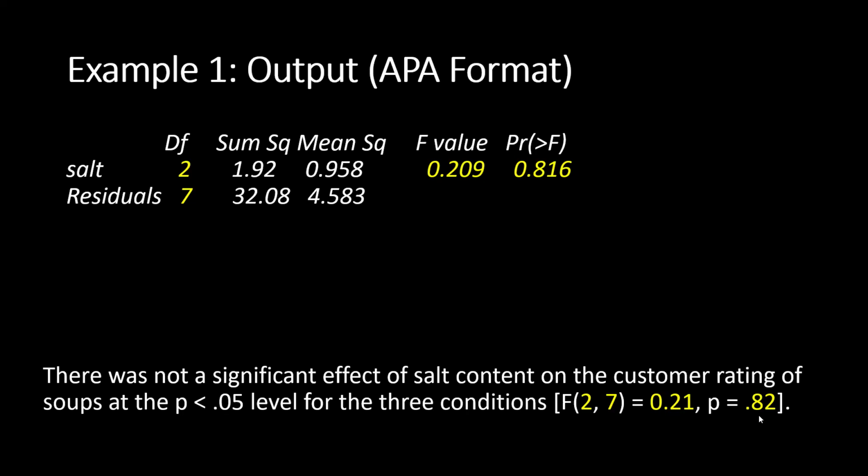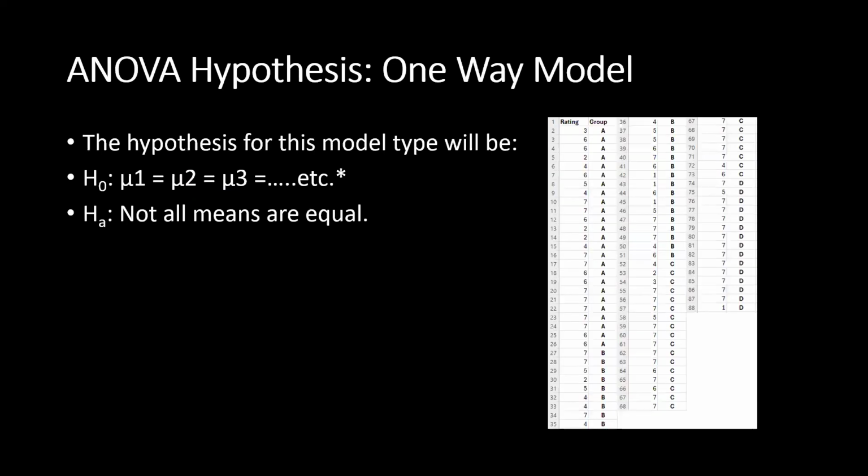Again, two significant figures. And again, because our P value was greater than our alpha value, we did not reject the null hypothesis. So there is not a significant effect of salt content on customer ratings of the soup. So customers more or less rated the soups about the same, regardless of salt content.